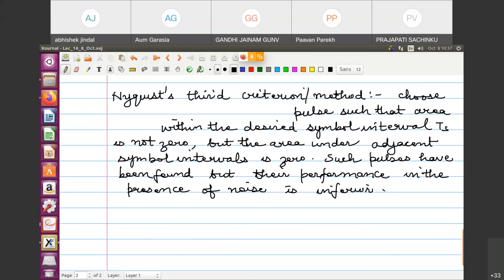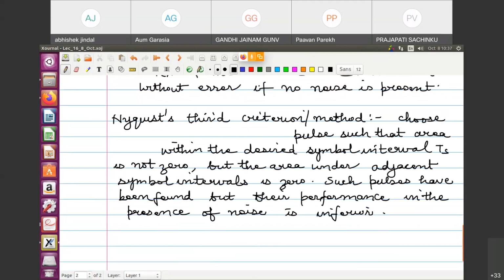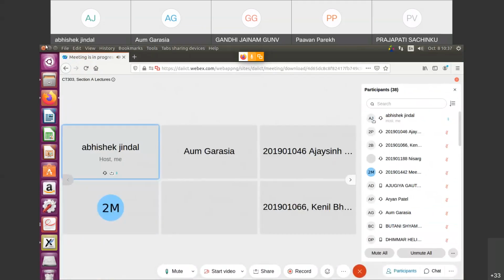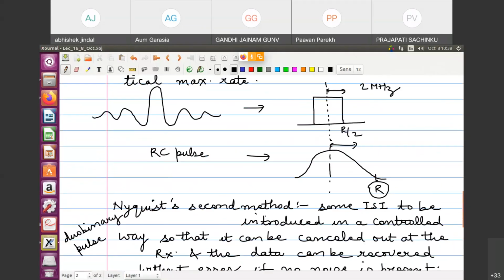So that's why this third criteria is not much under study. So this is all I have to say about the Nyquist criterion, first, second, third criterion.